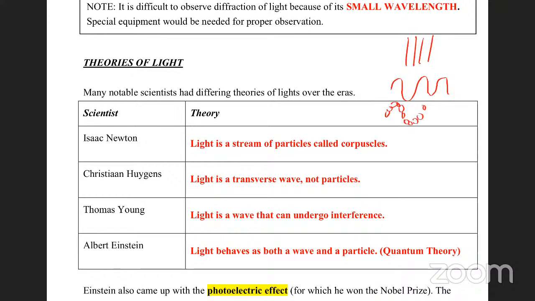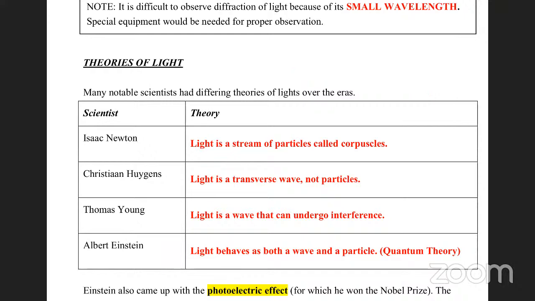So you can view light like a wave made up of all these particles. But in light, we see the wave part with the wave properties more. In a tennis ball, for example, we see the particle properties, but a tennis ball also has wave properties as well. As you go deeper into physics, you will learn all those theories.